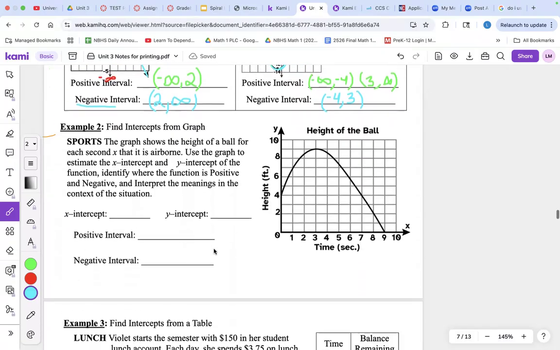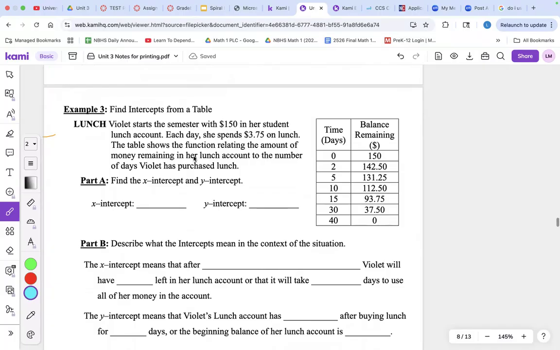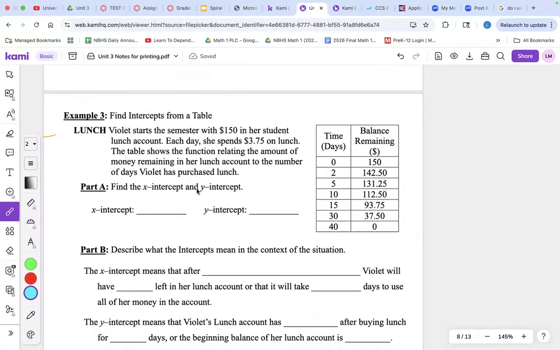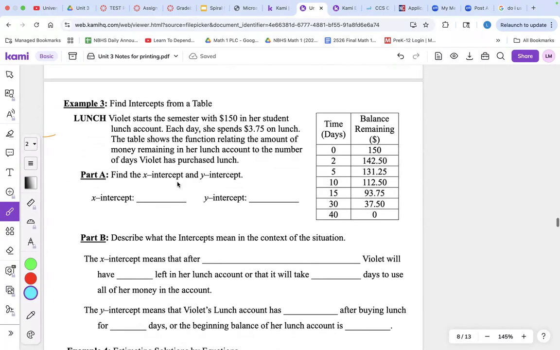So we remembered, as far as finding your intercepts from a table, we know that the x-intercept has a 0 as your y value, and the y-intercept has a 0 as your x value. So you can do this. Awesome. So here, which is x, which is y, which is independent, which is dependent, and you got this.